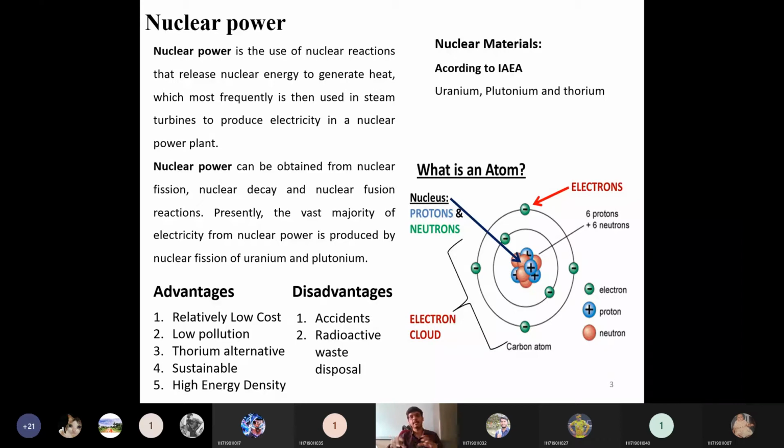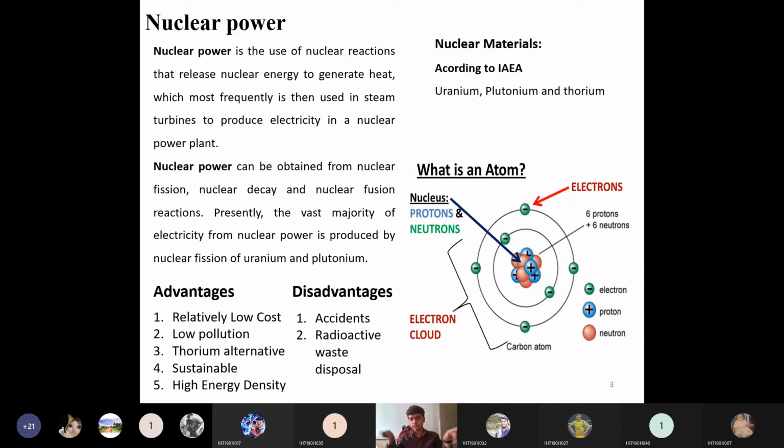All these chemical elements have atoms. An atom is composed of a nucleus together with a cloud of electrons revolving around the nucleus. The nucleus is composed of protons and neutrons. Protons are positively charged, and neutrons have a neutral charge.